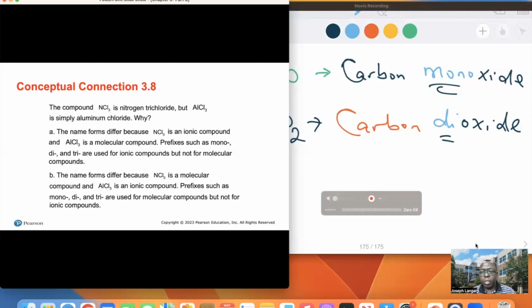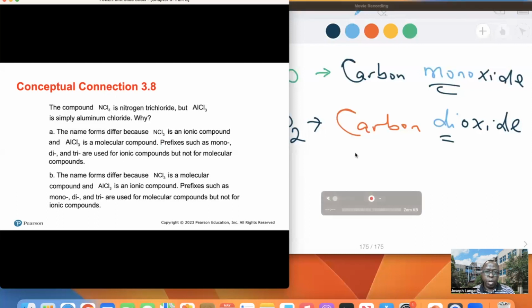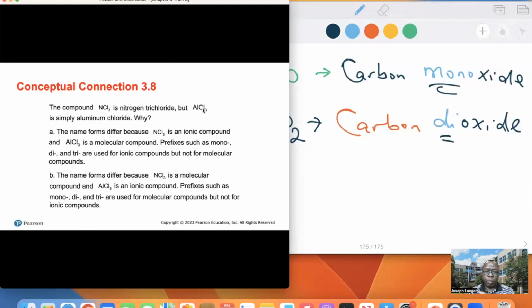The challenge here is failing to classify a compound as a molecular compound or an ionic compound. This is a metal, this is a non-metal, it's ionic, whereas this is a non-metal, this is a non-metal. You need to know that. If you did not master the periodic table, breaking it into metals, non-metals, and metalloids, when you are presented with such problems, it will be very difficult to draw a conclusion.